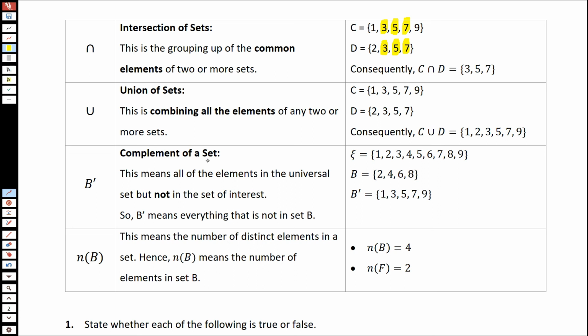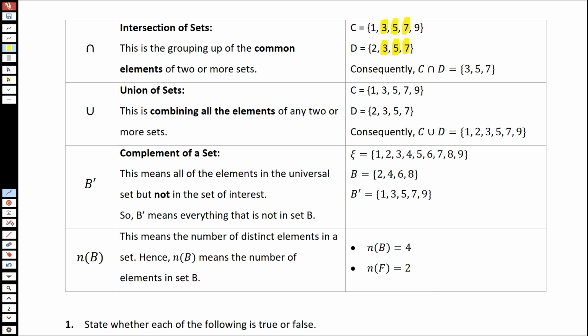So the complement of set B will basically be everything that is in the universal set but not in set B. Yeah. So basically the complement of B means everything that is not in set B, everything that's not here but is here.